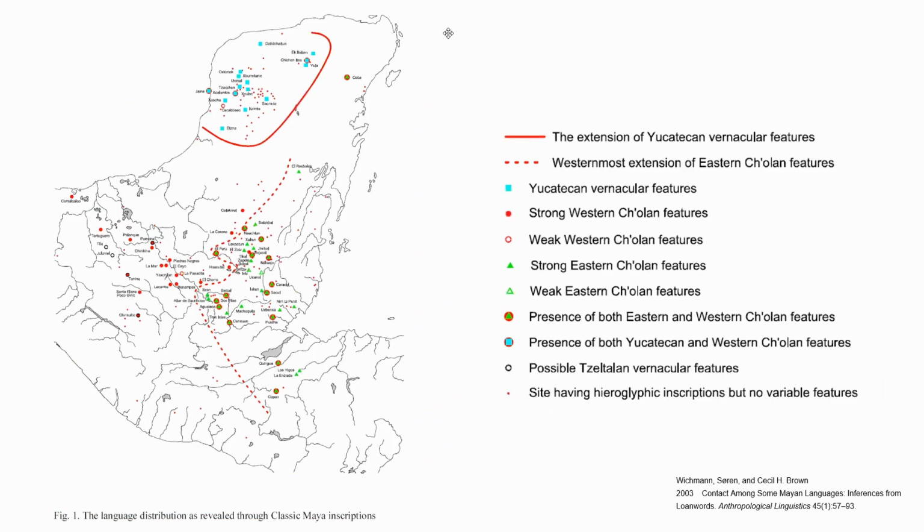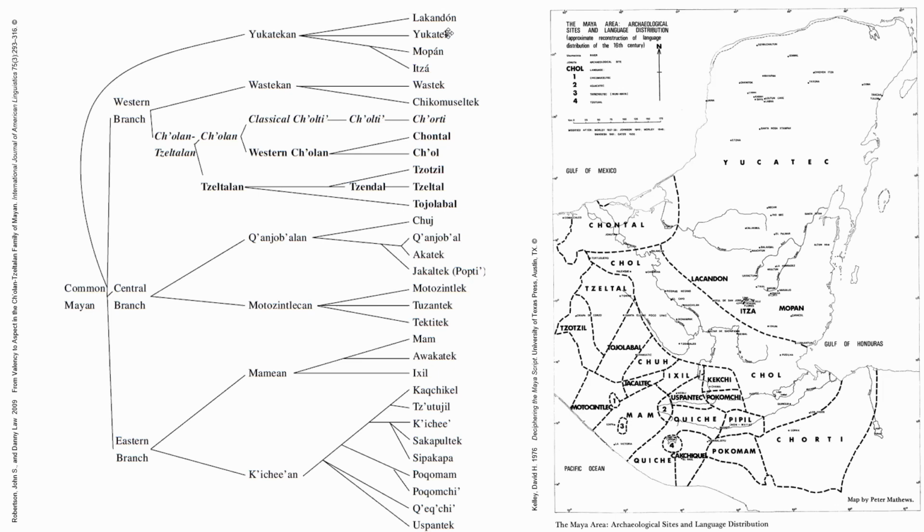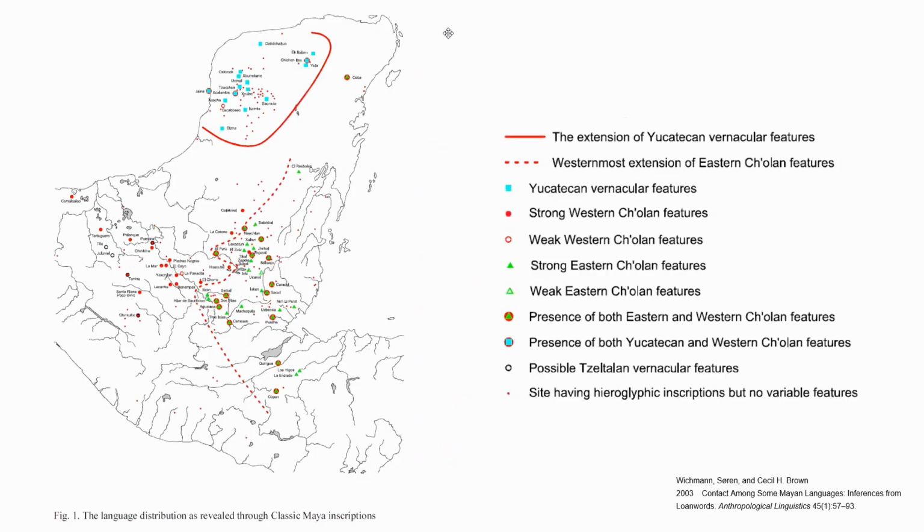And this is the map created by Søren Wichmann in 2003, in which he found, based on the hieroglyphic inscriptions, that inscriptions created in that area contain mainly Yucatec Maya. You see here in the colonial period, the area was much larger, but in the 9th or 8th century, the area was quite small.